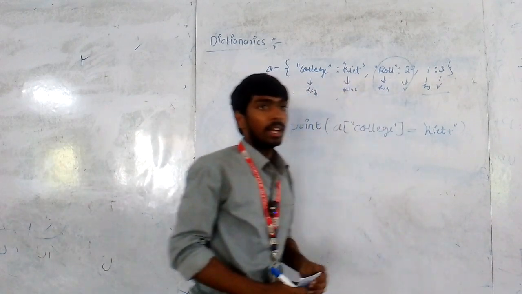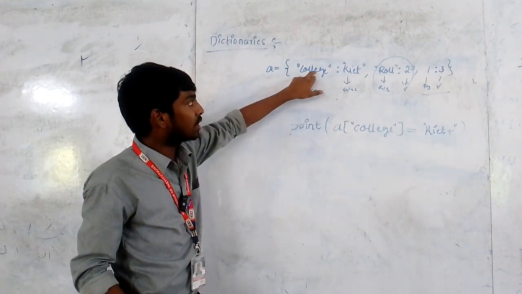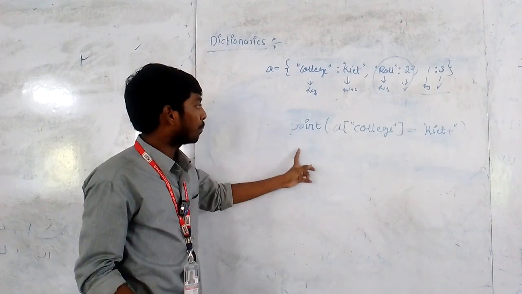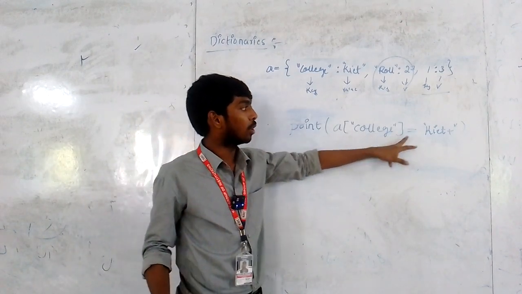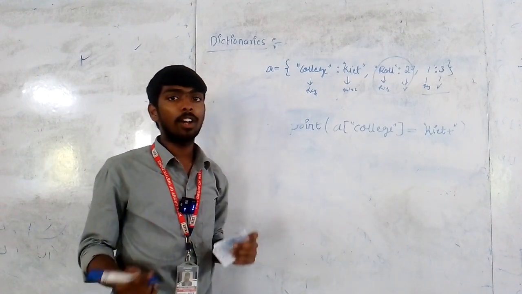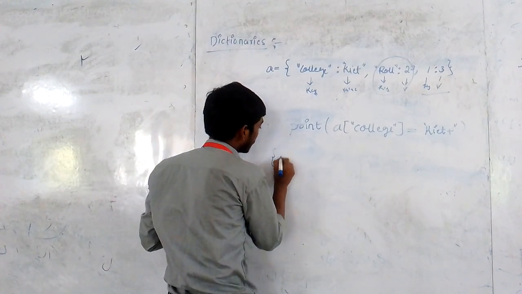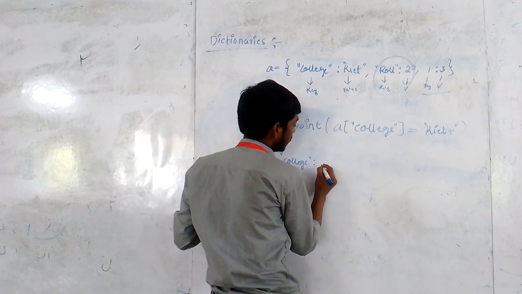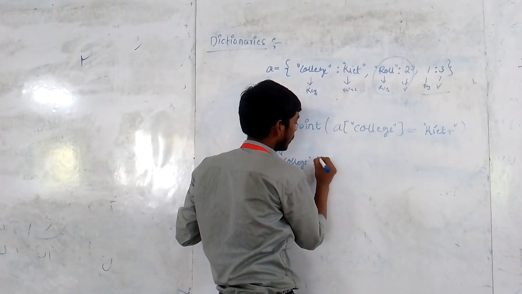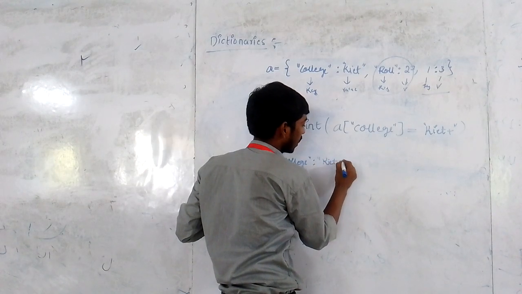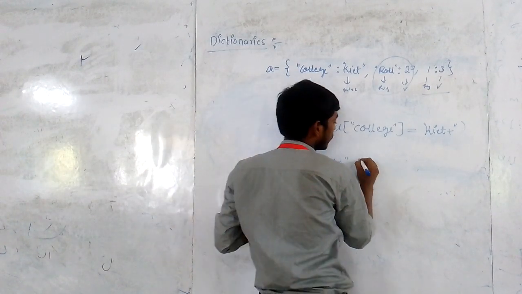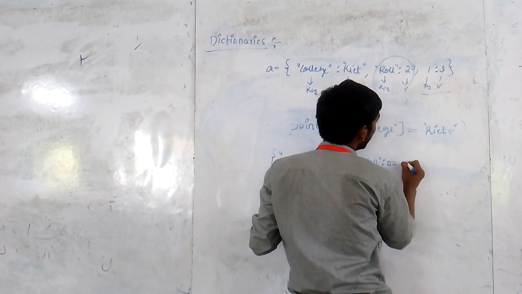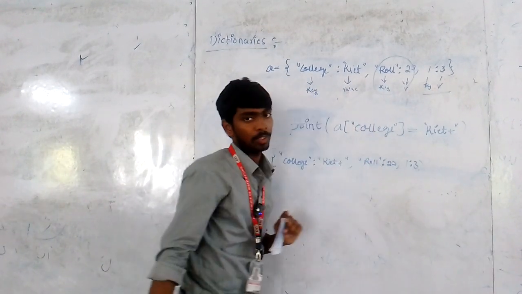Initially the value of a of college is kite, but now I am changing the value and printing it. The output is college is kite plus, roll is 27, 1 is 3. This is the required output.